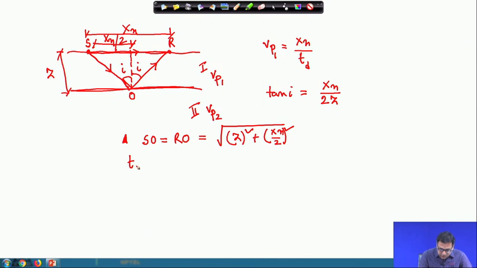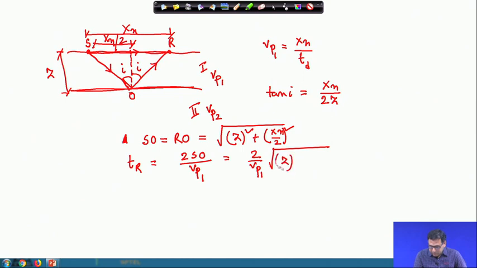Now, the time required for this reflected ray, where D means direct and R means reflected, will be equal to 2 S O divided by V P 1, because S O is equal to R O. So, I can write T r equal to 2 divided by V P 1 times root over z square plus x n by 2 whole square.